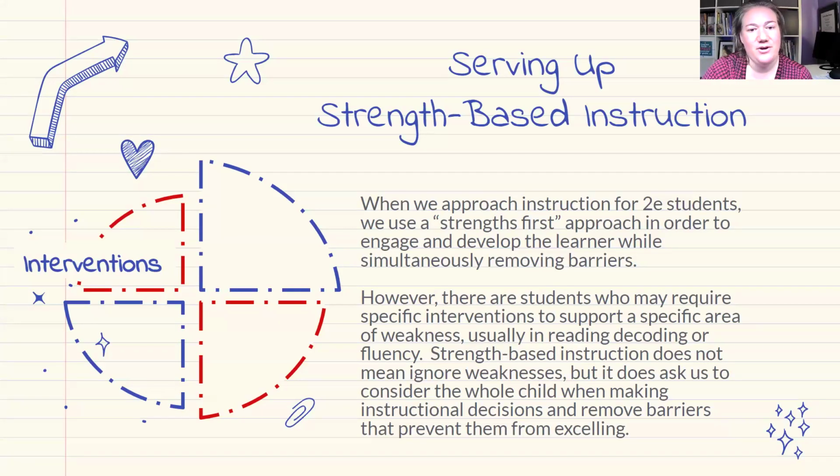It doesn't necessarily mean that we're ignoring weaknesses or that we're never teaching them to mitigate or work around their disabilities. We do acknowledge they have disabilities. That's part of the whole profile. But what are we doing to help them with that? They might need a direct intervention. If they're struggling with reading, they might need a reading intervention.